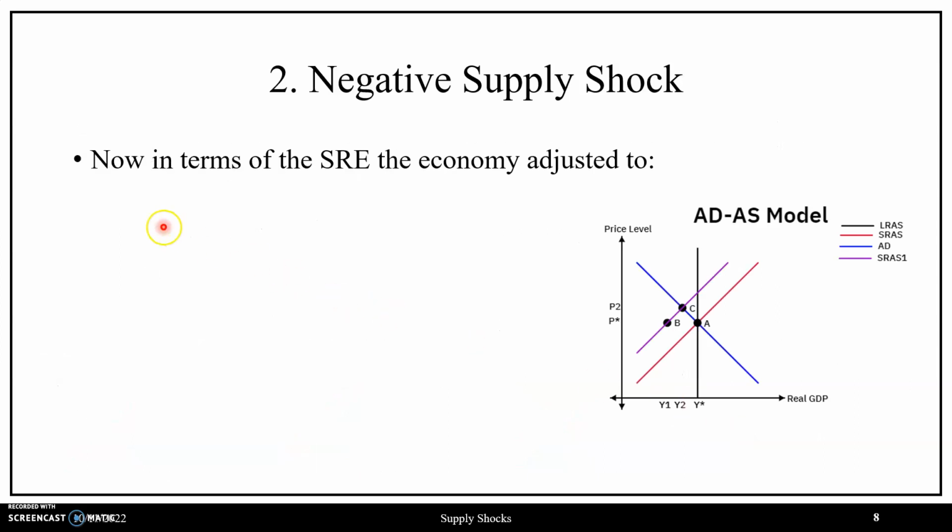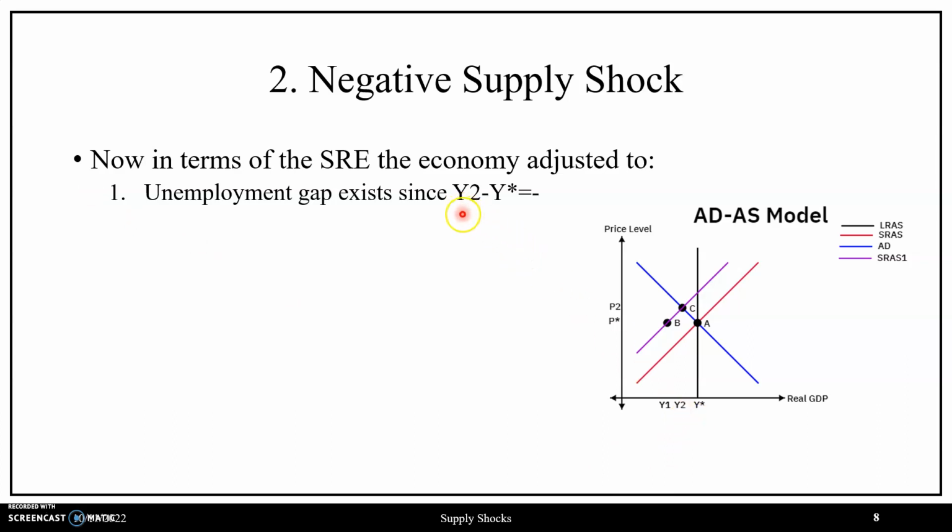So now that we've identified the movement type a negative supply shock has caused, let us now examine this short-run equilibrium a bit more carefully, where we mentioned it was point C with a Y2 amount of real GDP being produced at the price level P2. The first thing we observed in the past slide was that an unemployment gap existed, which we know since Y2 is to the left of potential real GDP.